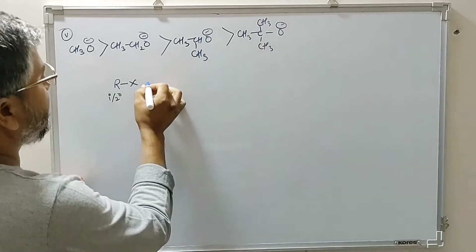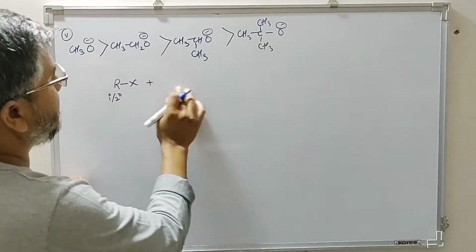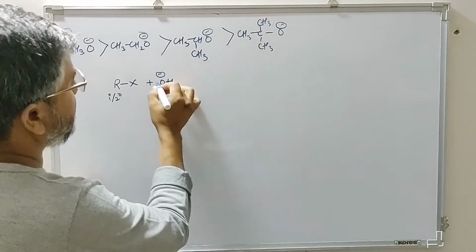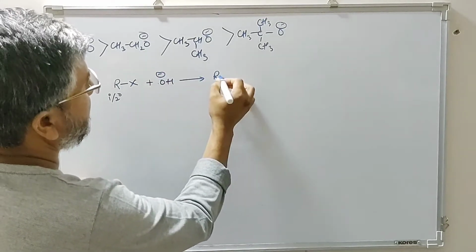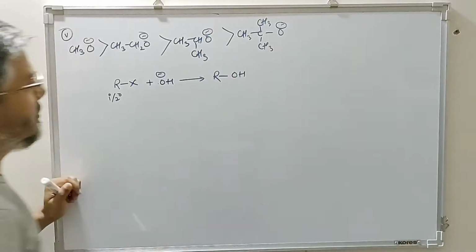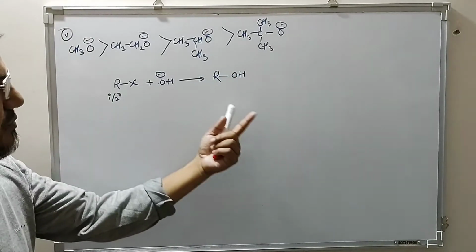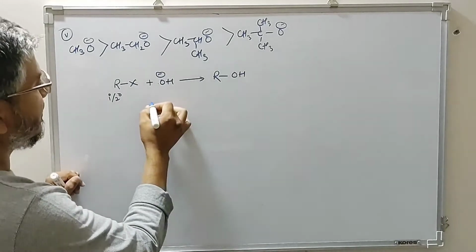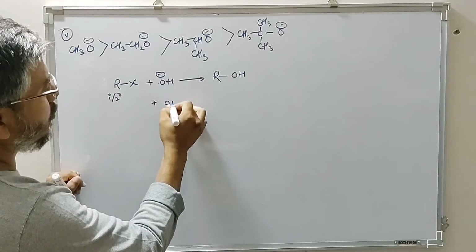Now this reacts with OH minus, a nucleophile, and this gives you ROH. That means this is how we prepare alcohol from alkyl halide.